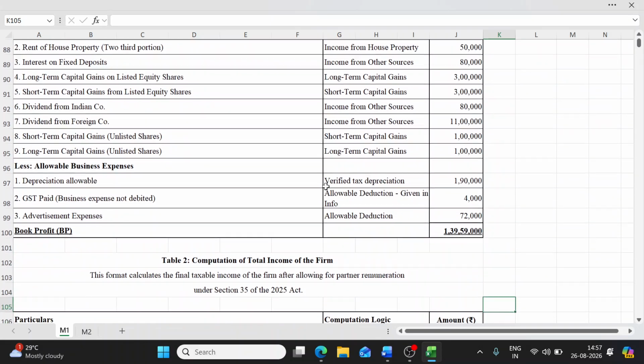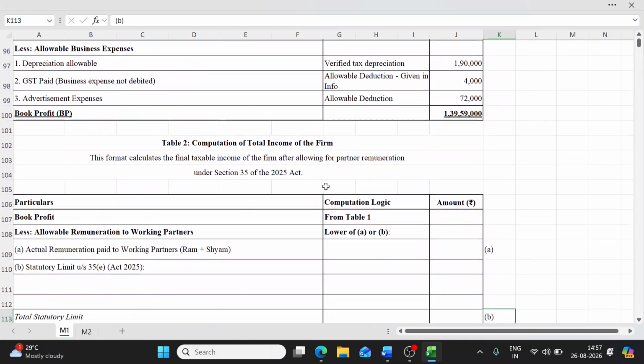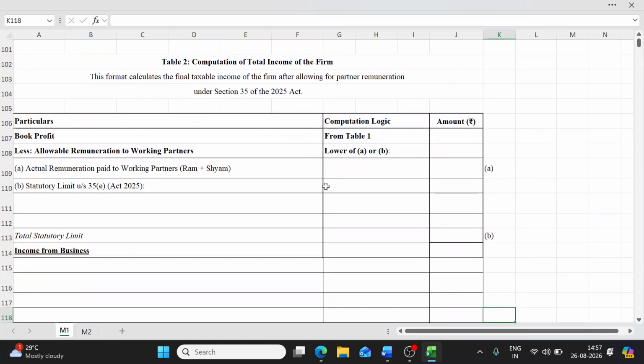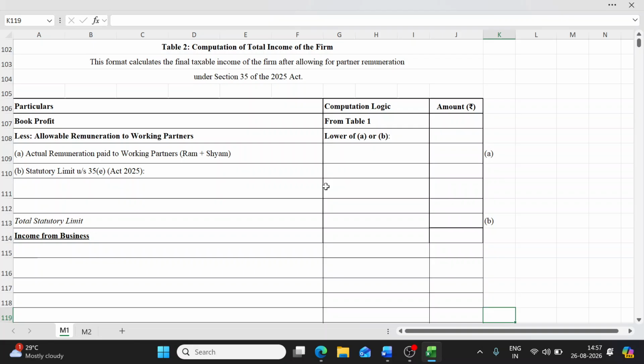Now the most interesting part, that is table 2. In table 2, we will compute the total taxable income of the firm. But how to calculate it?